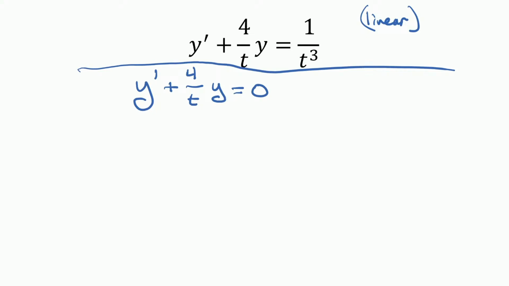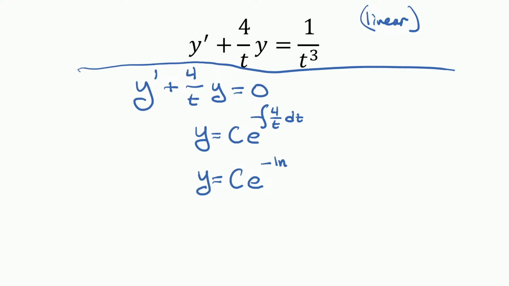And the way you solve this is you just say that y is equal to c times e to the integral of 4 over t dt. I'm sorry, the negative of that. So that should be a negative there. Sorry about that. So let's actually do this. It's not a hard one to do. So y is equal to c times e to the negative 4 times natural log of t.